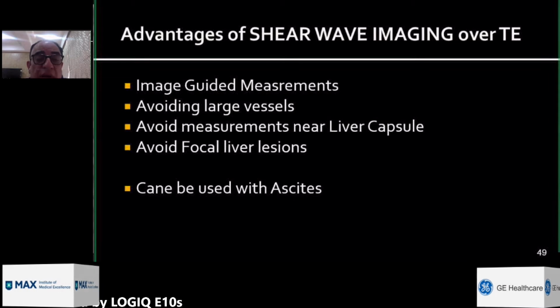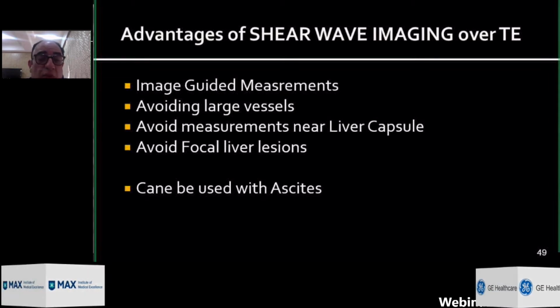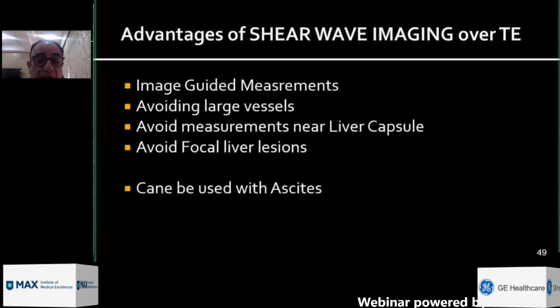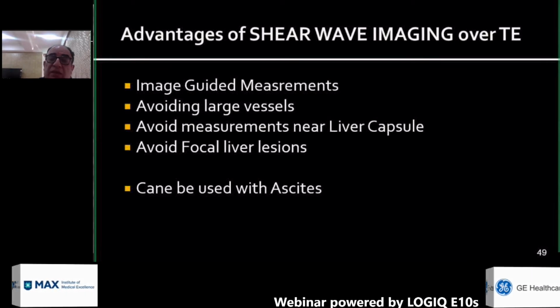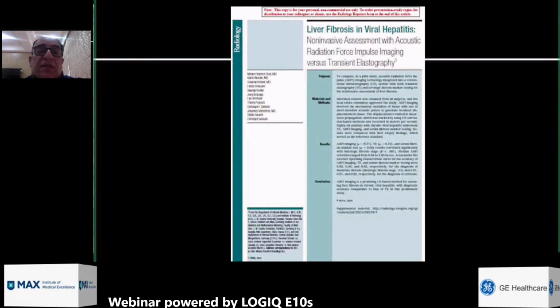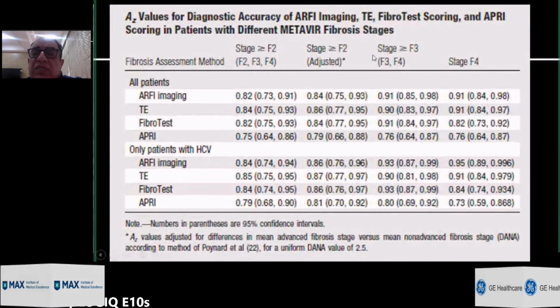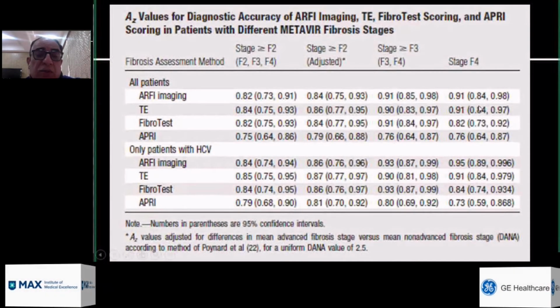So it's image guided. You can avoid vessels, you can avoid imaging near the liver capsule, avoid focal liver lesions, and can be used with obesity and ascites, and that's really the important thing. There have been comparative studies of RFE and TE, and pretty similar sensitivity and specificity in well-controlled studies.